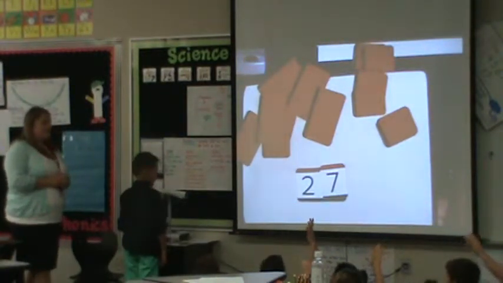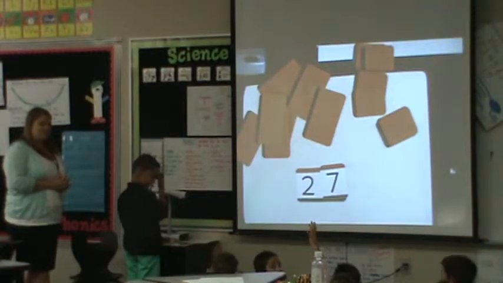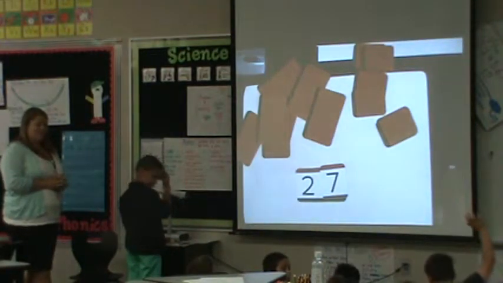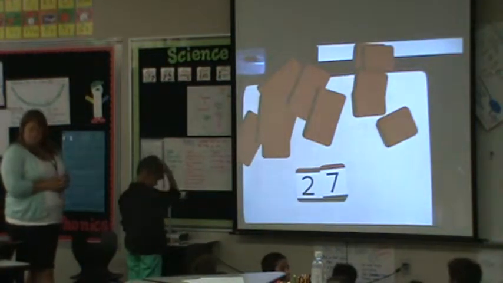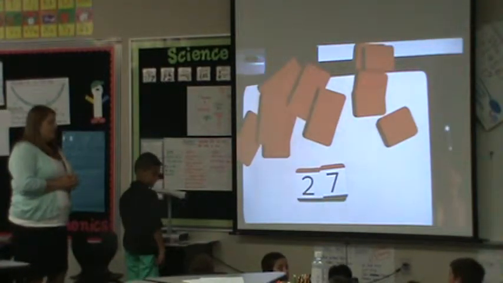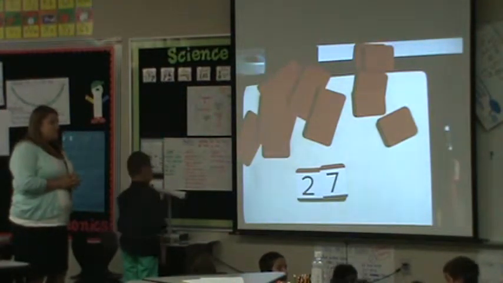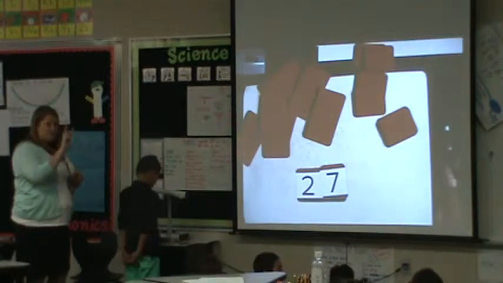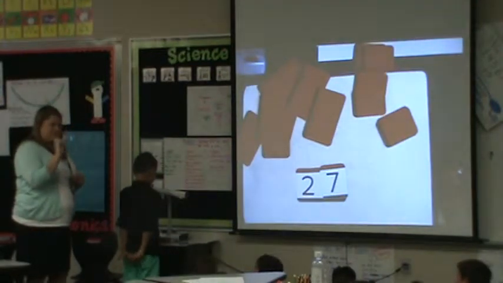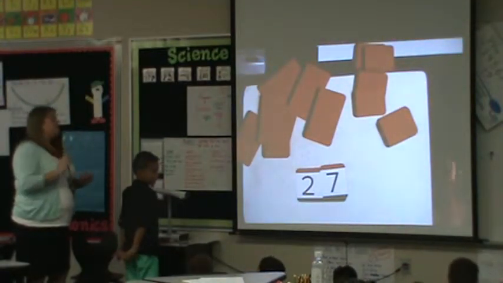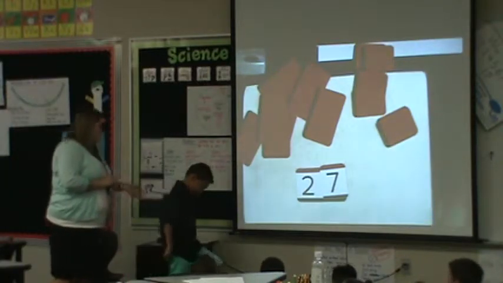Why is that funny or interesting to us? Smiley, why is that interesting? Because the last number was 72, but then it switched to 27. So you mean that when we switch those digits, is this the same number or is it a different number? Different number. Okay, good job. That was kind of lucky that he picked that.